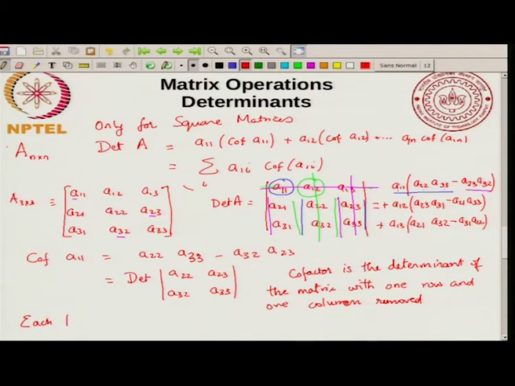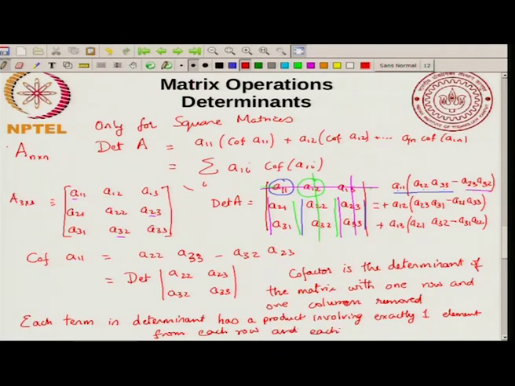Each term in the determinant has a product involving exactly one element from each row and each column.